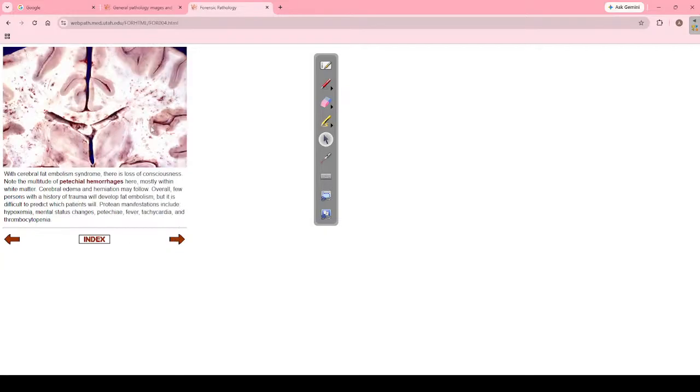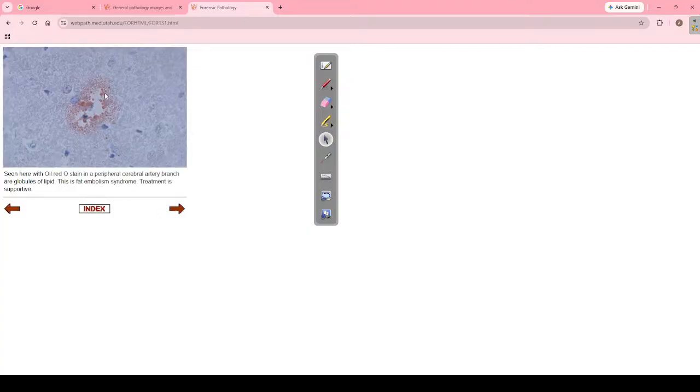Cerebral edema and herniation may follow in a patient with a history of trauma who develops fat embolism, but it's difficult to predict which patient will. Features include hypoxemia, altered mental status, petechiae, fever, tachycardia, and thrombocytopenia. This is the retina showing a peripheral retinal artery branch with globules of lipid, in fat embolism syndrome.